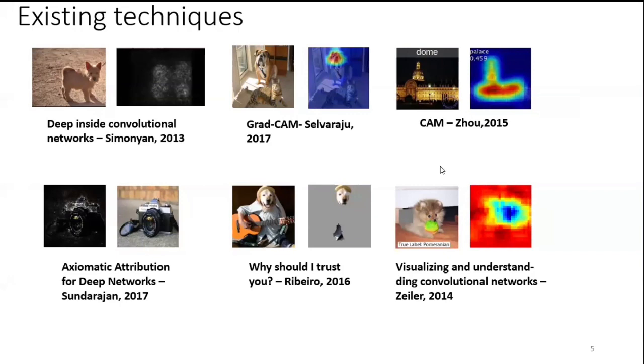For people who don't know what back-propagated gradients are, back-propagation is a technique used to train neural networks or convolutional neural networks. In this technique, we basically use the gradients to train the weights, and most of these techniques use the same gradients to generate the explanations.